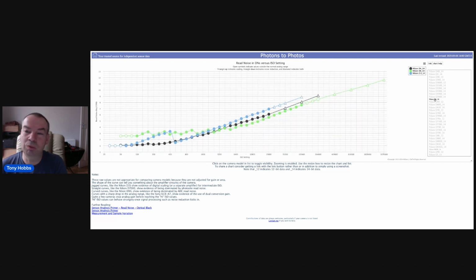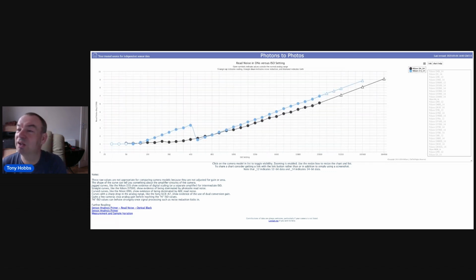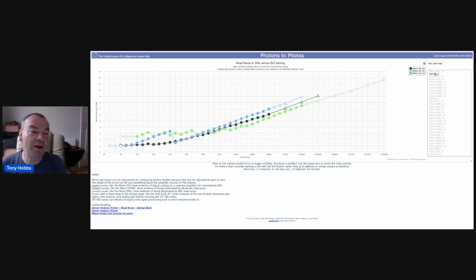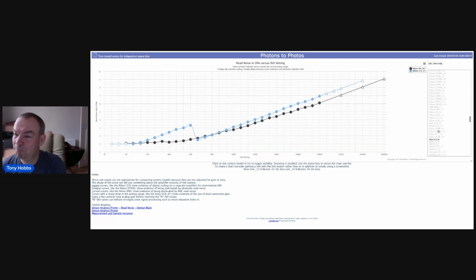D6, ooh, that's a funny one. The D6 is all over the shop there. That is a funny graph again. And the D5, yeah, let's see the D5 and the D6. They've got that funny green wibbly wobbly line.